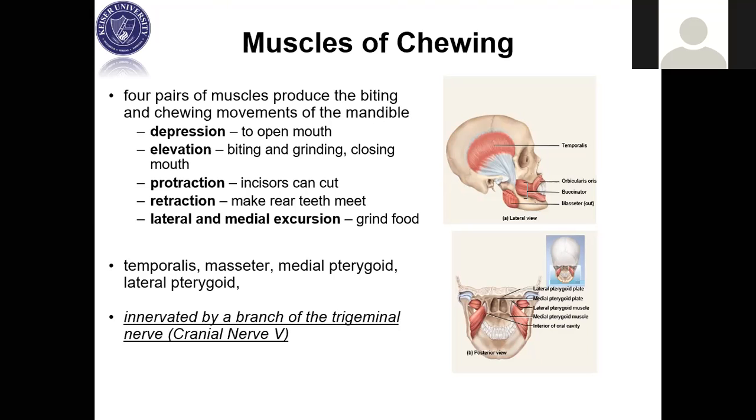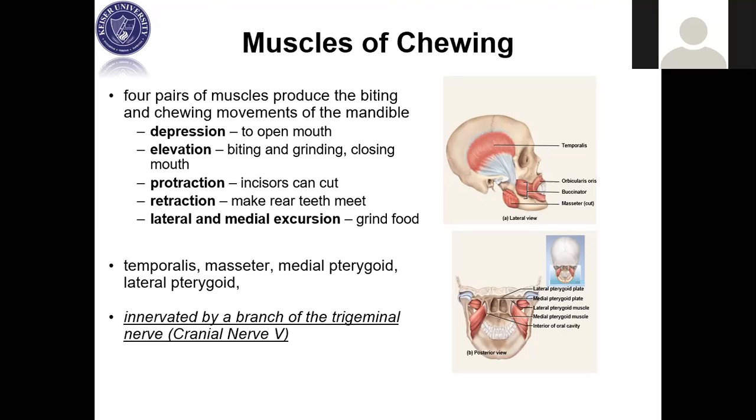And finally, the last movement is lateral and medial excursion. And that's where we actually grind our food. So if you were to move your teeth medial and laterally, kind of like this, from side to side, that is medial and lateral excursion. And if you had a piece of meat in your mouth and you did that, you would actually be grinding your food.